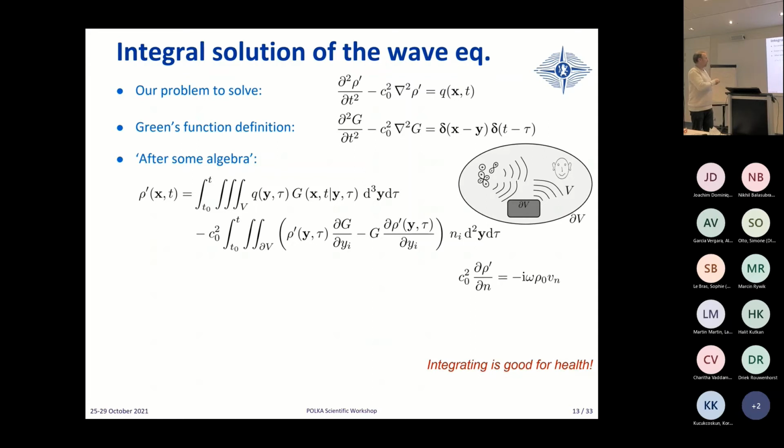It's because C0 squared rho prime is P prime, and the gradient of P prime projected onto the normal, by the linearized momentum equation, is the normal velocity. If you go back to the linearized momentum equation, you will see this. So this term effectively represents the noise radiated through the vibrations of the surface. If your loudspeaker membrane is producing sound, it's because it is vibrating. That's generally considered a vibroacoustic problem.